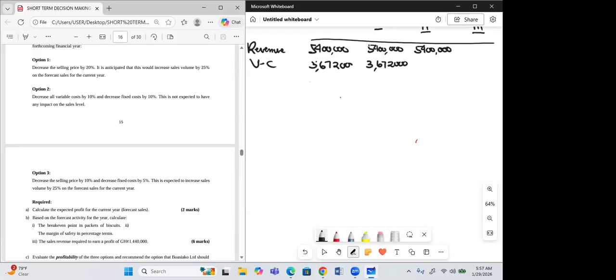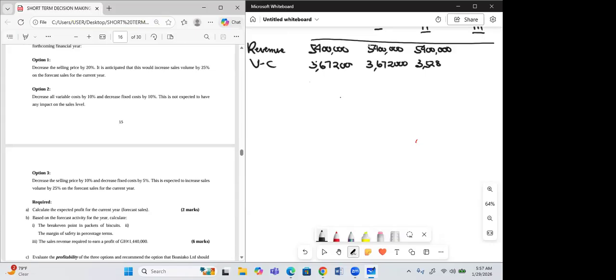What's the variable cost? 4.59 by 720,000. Did they change the number of units?